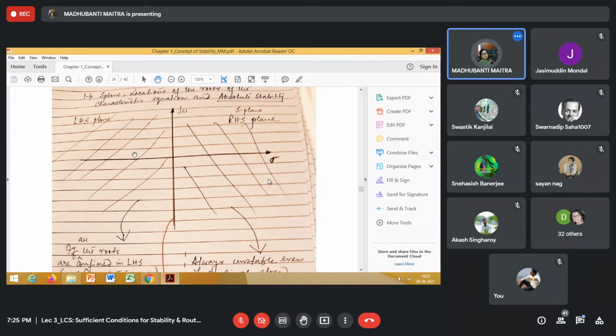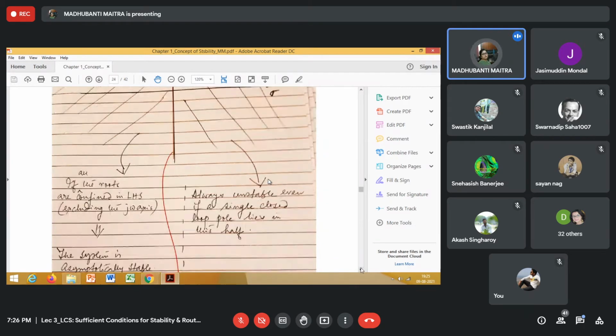All the response terms contributed by the rest n minus one number of roots of the characteristic equation will decay down to zero as t tends to infinity, but for the single root in the right half of the S-plane, the response term will ultimately increase towards infinity, and hence the system will be unstable.